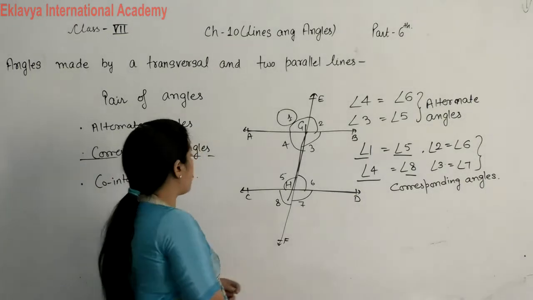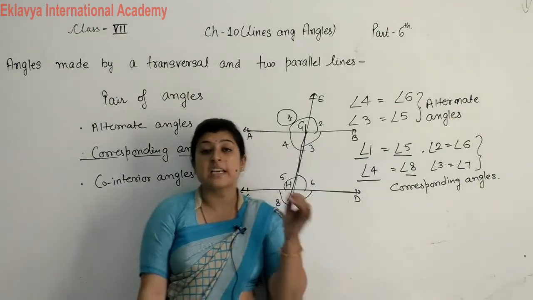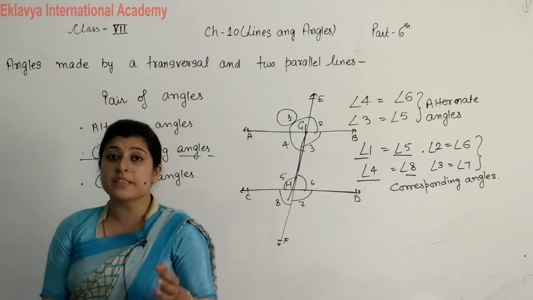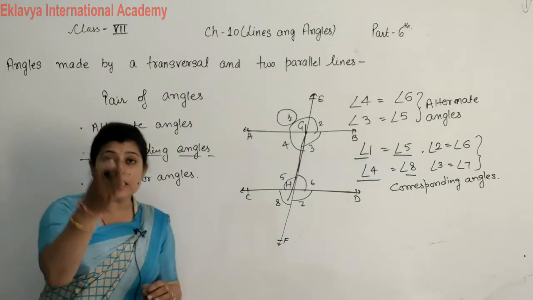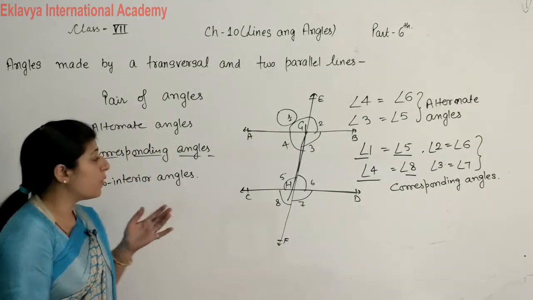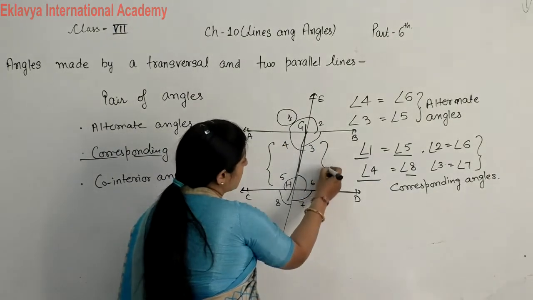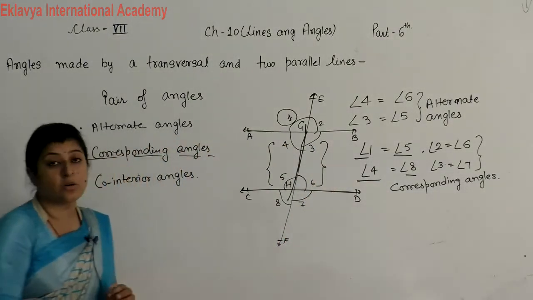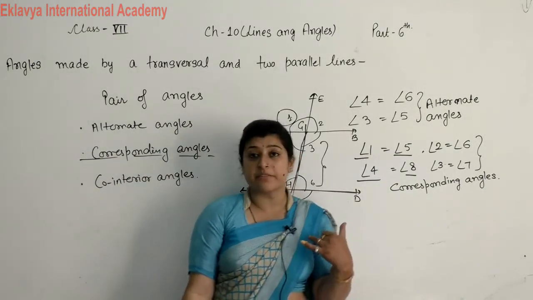Next angles are co-interior angles. It means a pair of angles between the interior angles, on the same side of the transversal; both interior angles we will take. So we can say these two angles are co-interior, and this pair is also co-interior. But in the case of parallel lines, what is the relation between them?